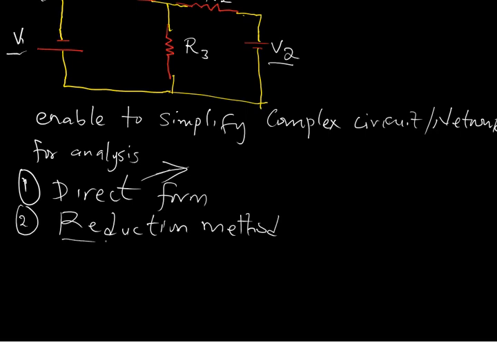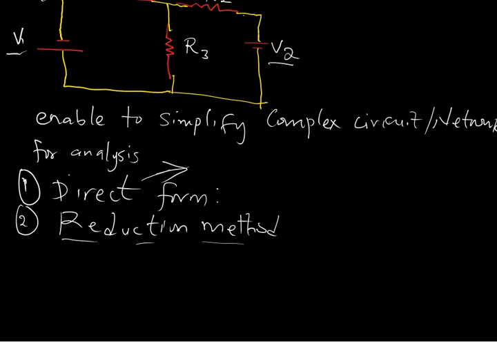But in a reduction form, that circuit is changed or reduced to a simpler circuit before we can analyze it. So the difference is that in the direct form, we apply our theorems to solve the circuit without changing it. But in a reduction form, we have to change the circuit to a simpler circuit before we can now solve it. All right.